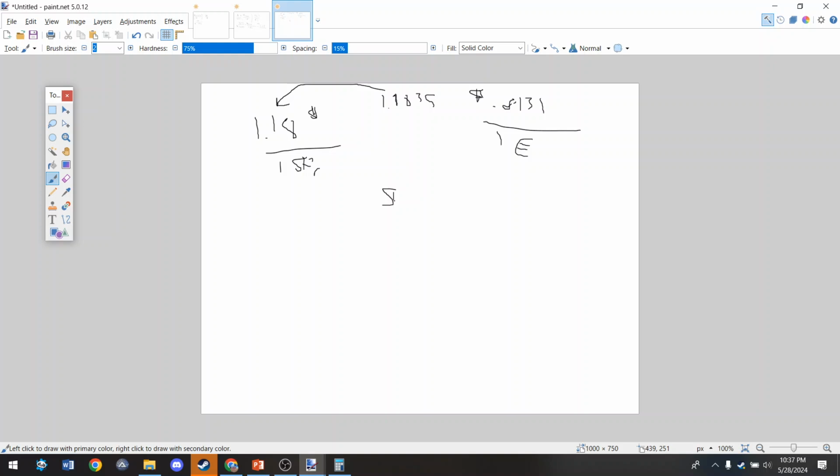Our goal is Swiss franc over euro. The Swiss franc is not on top, but we do have this one. So the 0.8131 is going to be involved, because that's going to get us our dollars over euros.